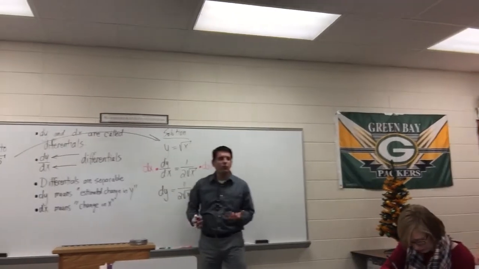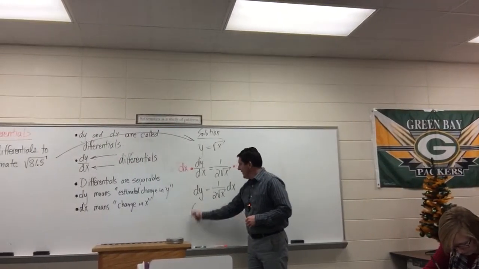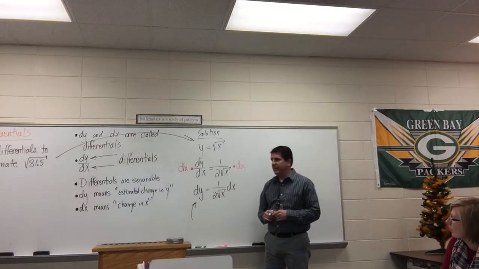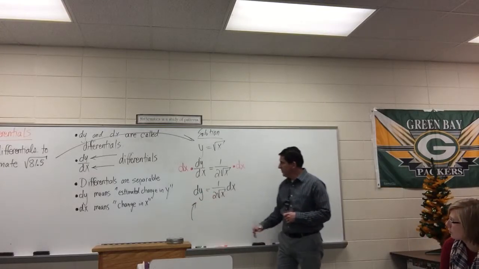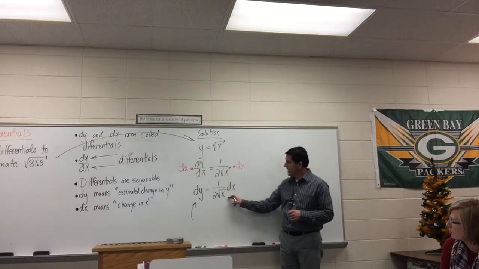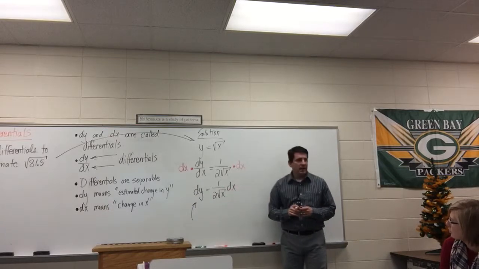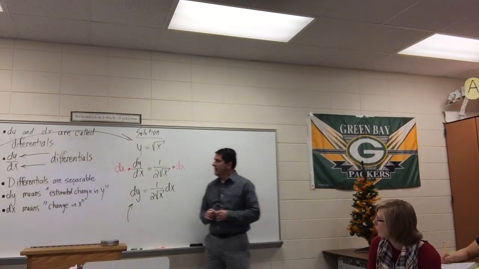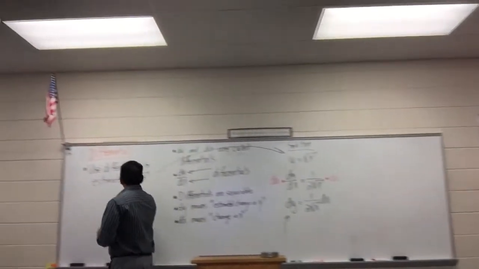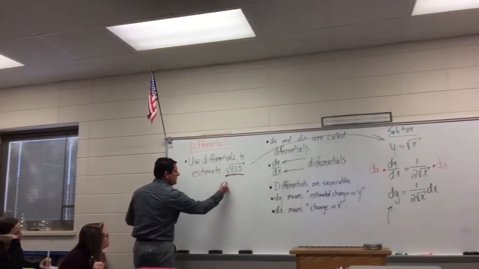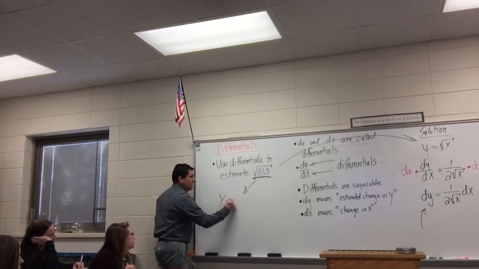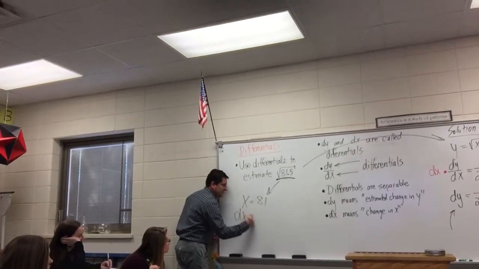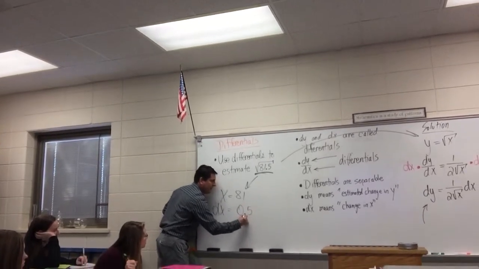Now, this is so cool. The way you read this is the estimated change in the y value is equal to 1 over 2 square roots of x times the change in x. Meaning, if I want to find the square root of 81.5, I'm going to use x equals 81 and dx equals 0.5.